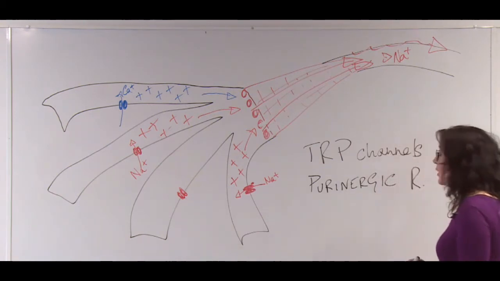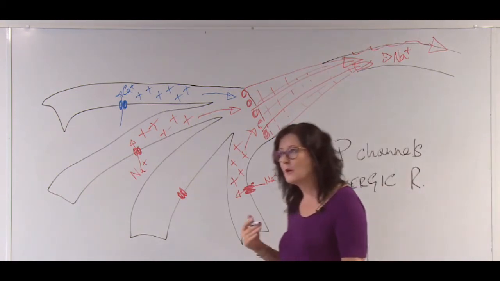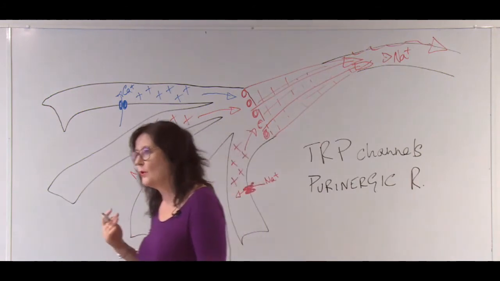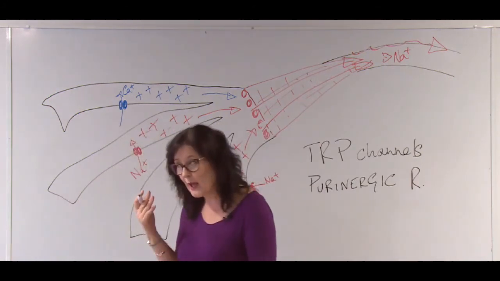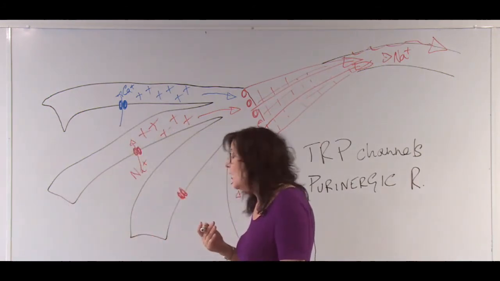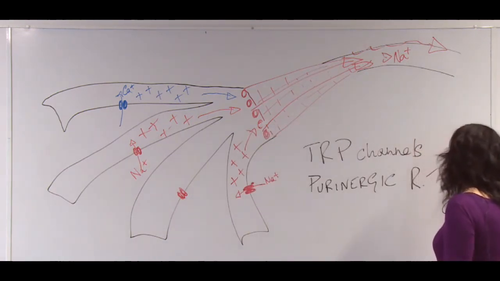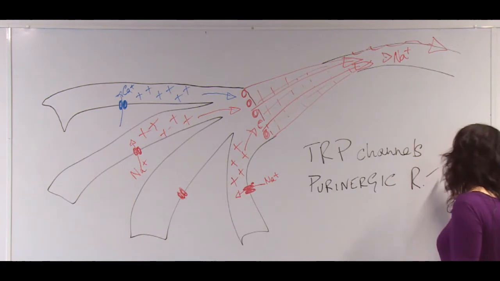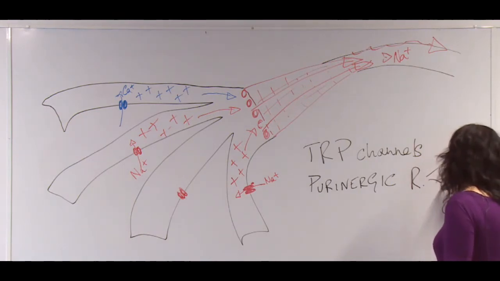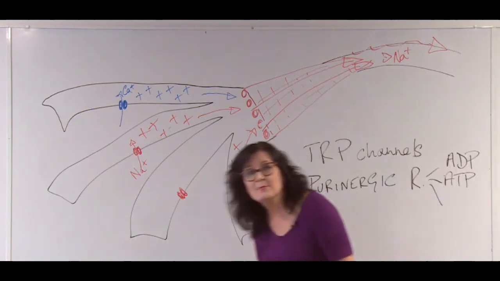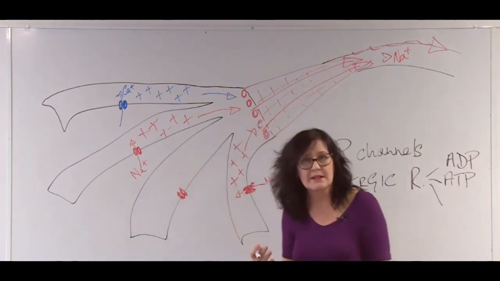Purinergic receptors, they're chemically gated if you like, and they bind either ADP or ATP, or even pure and simple basic adenosine.